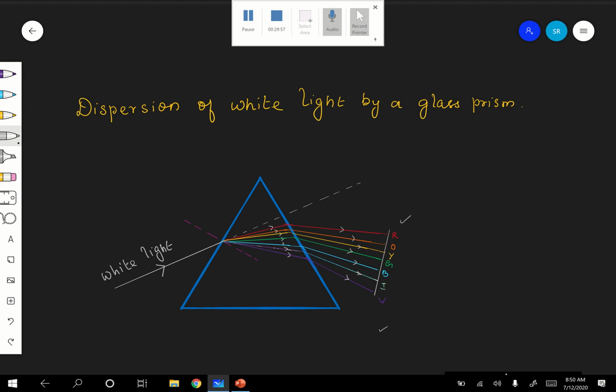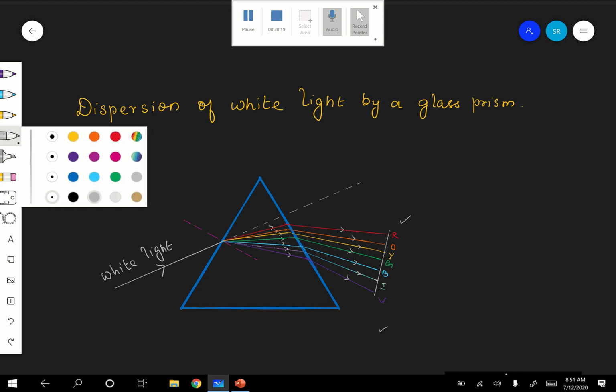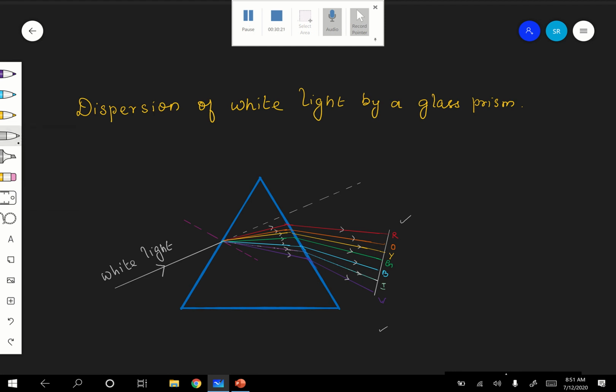Therefore the band of 7 colors so obtained, from red to violet, is what is called a spectrum, and it is also called the visible spectrum.